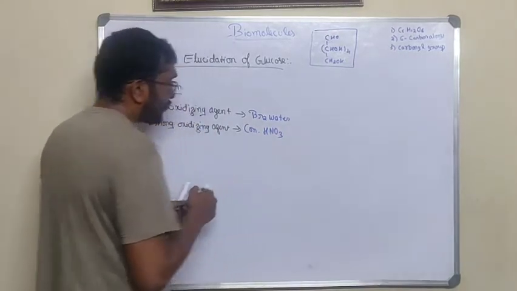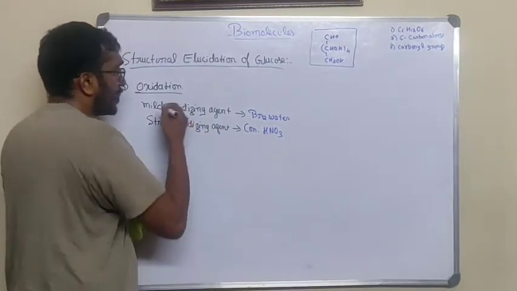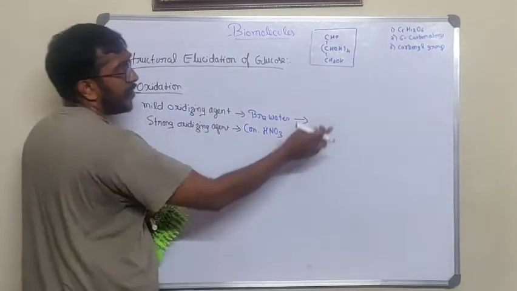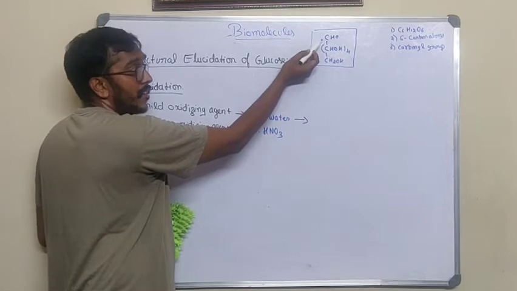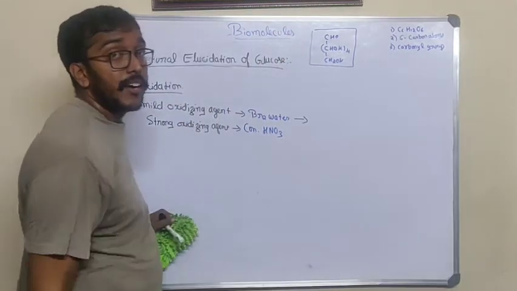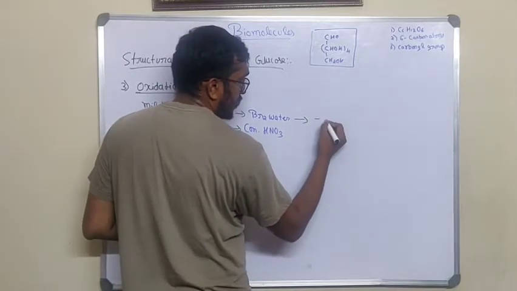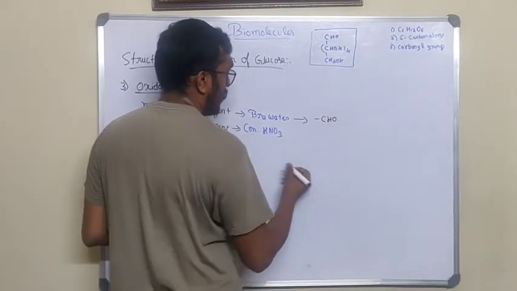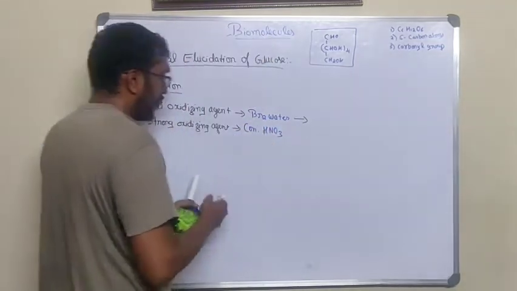In the case of the mild oxidizing agent, listen carefully: CHO is there, and this CHO will be converted into COOH.